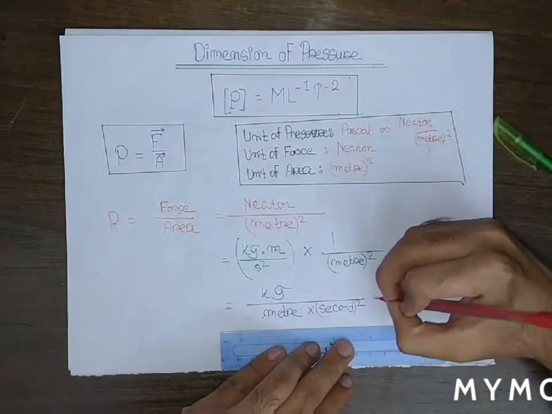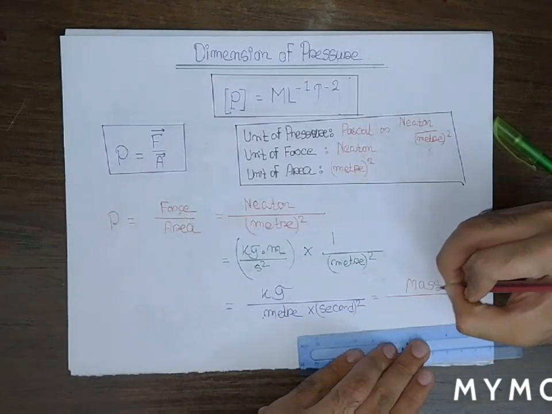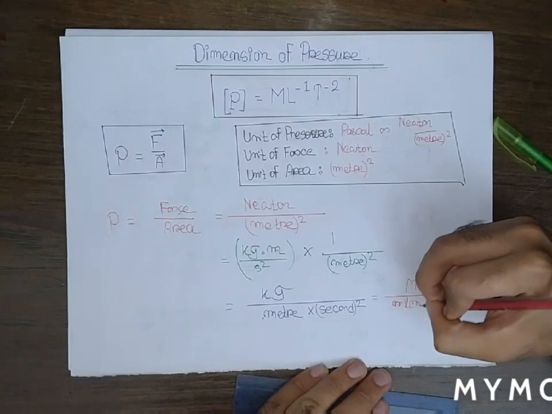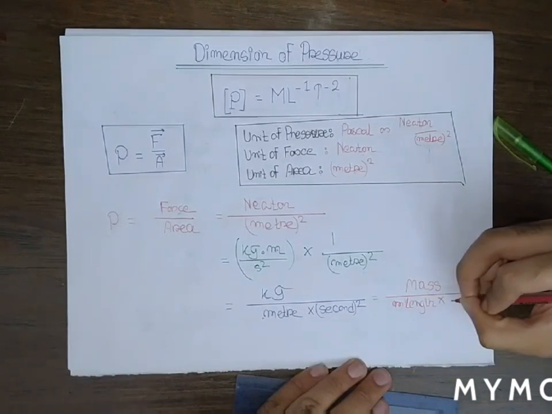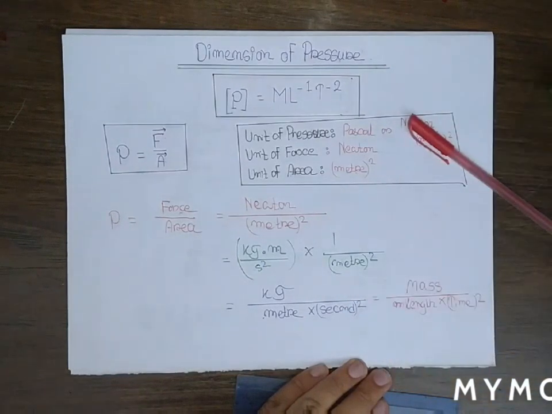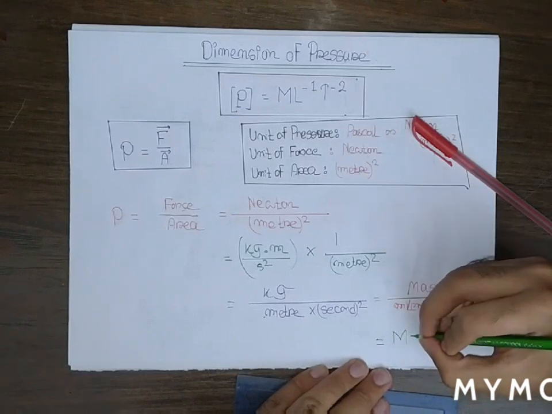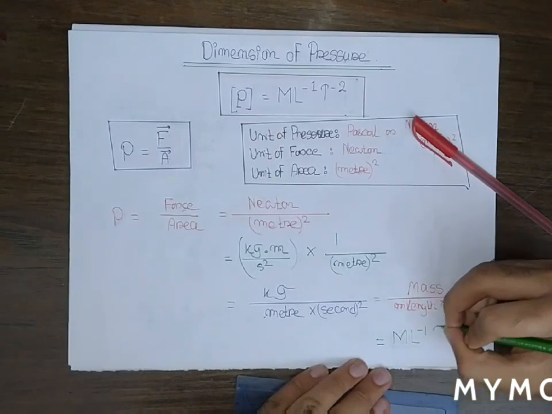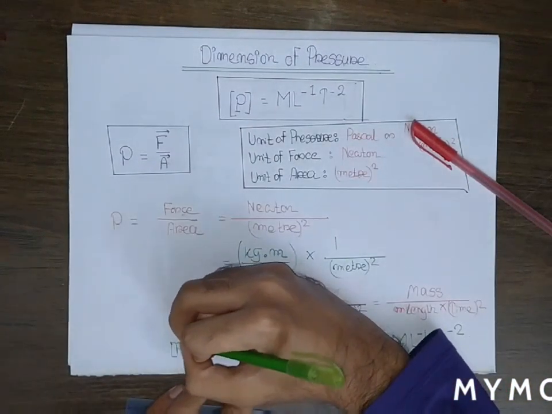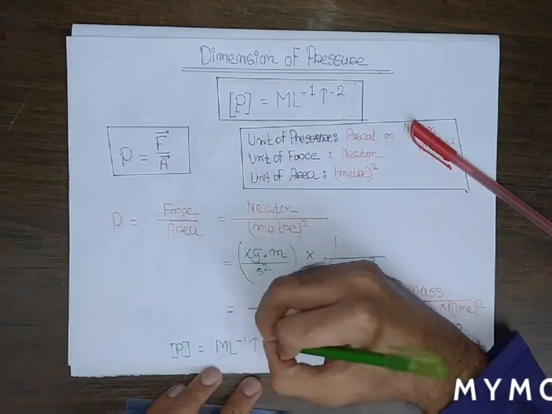And the result is mass, length, time square equals to M L inverse 1 T inverse 2. So dimension of pressure is M L inverse 1 T inverse 2.